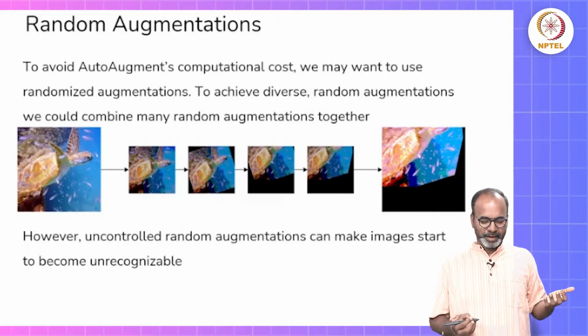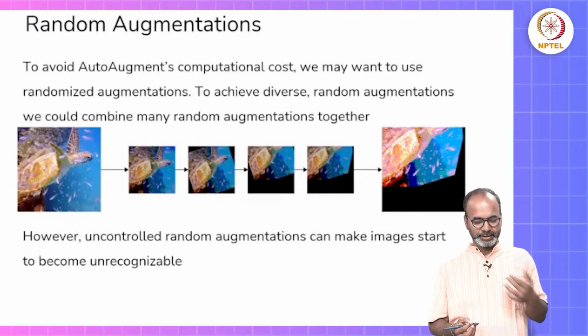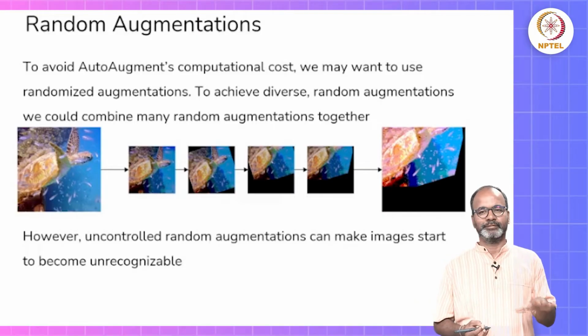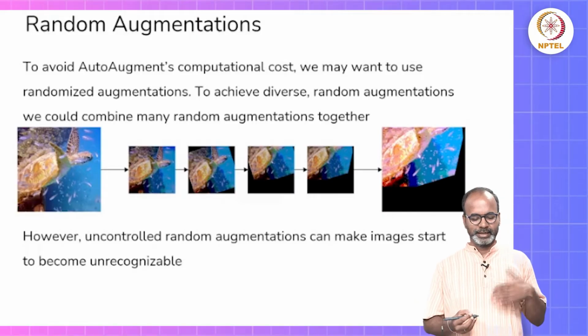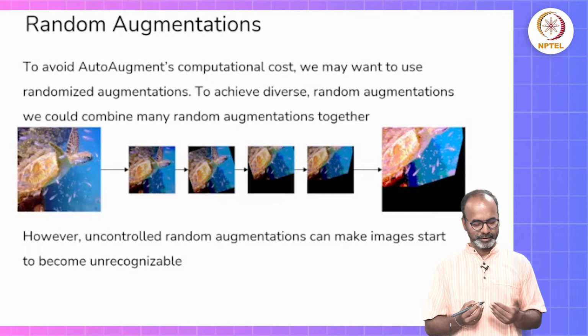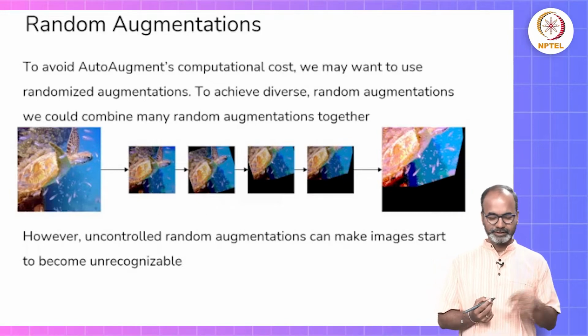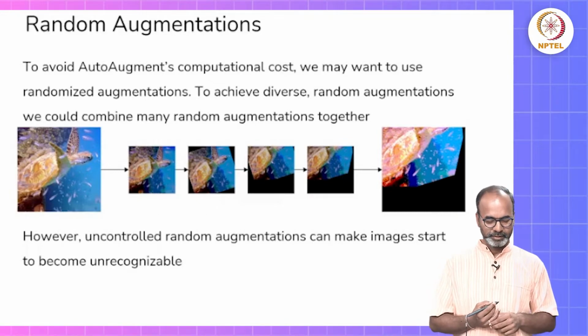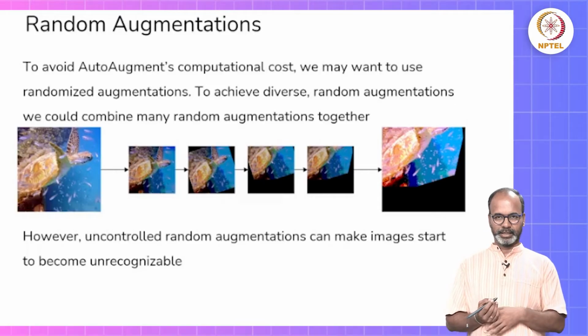Can we just use random augmentations? Random augmentations also will have computational cost, but is there a way by which you can actually reduce the computational cost and find a good method? To achieve diverse random augmentation, we would combine many random augmentations together.